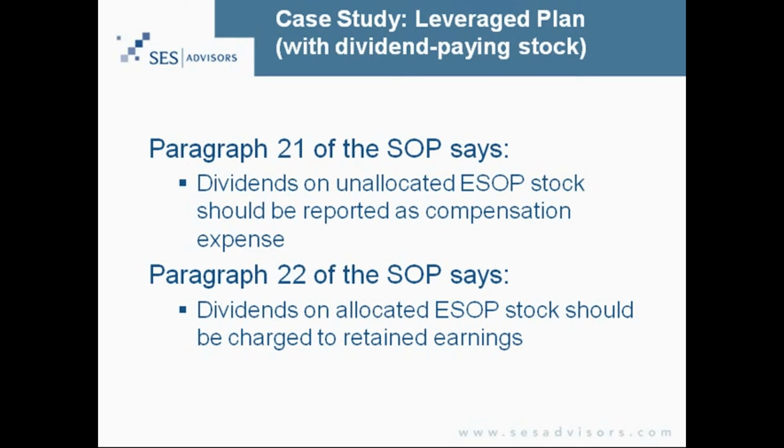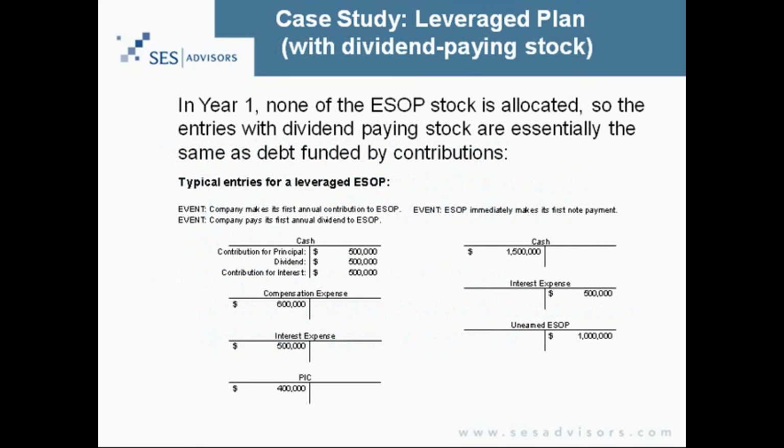In our example, this is the year one entry. None of the stock has been allocated in year one. We look at the shares allocated at the beginning of the year to determine the number of allocated shares, so we have no allocated shares in the first year. Of course, the SOP tells us that dividends on unallocated stock are essentially treated just as employer contributions are treated. So our entries are really no different in a dividend-paying structure than in a straight employer contribution structure.